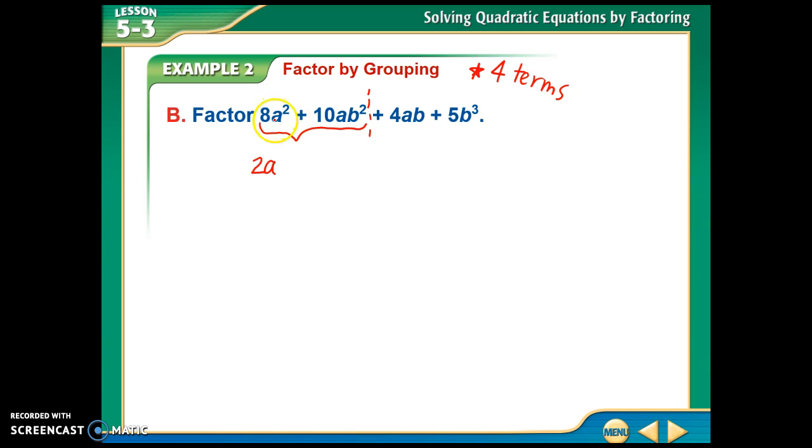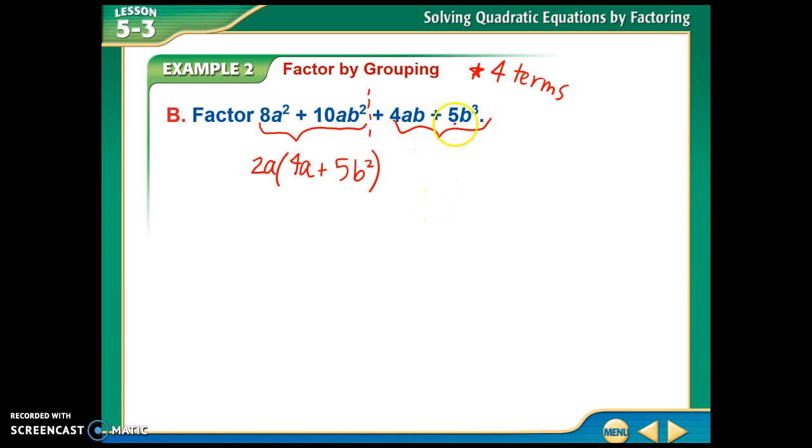And 8A squared doesn't have a B, so I can't pull out a B. 8A squared divided by 2A is 4A. 10AB squared divided by 2A is a positive 5B squared.